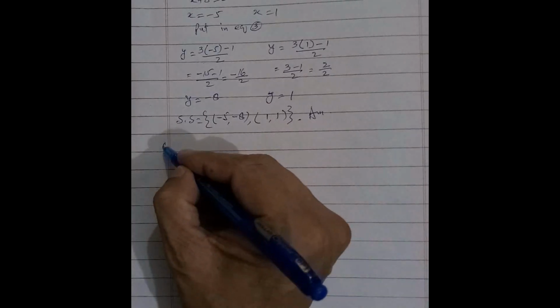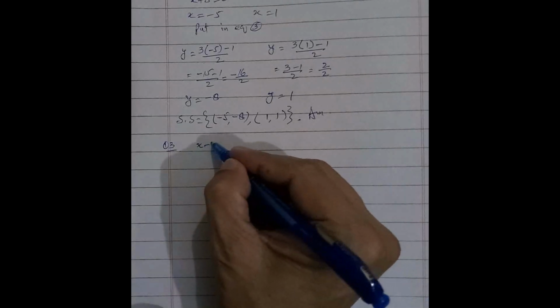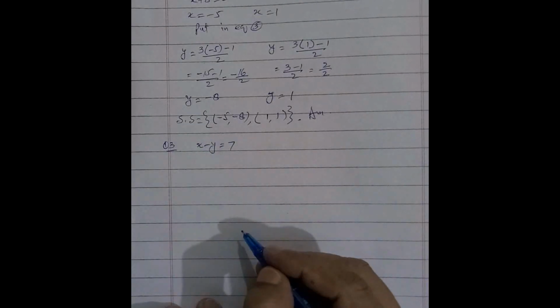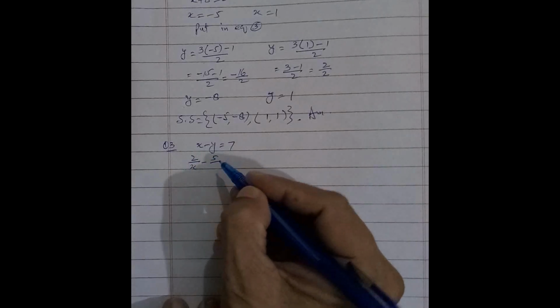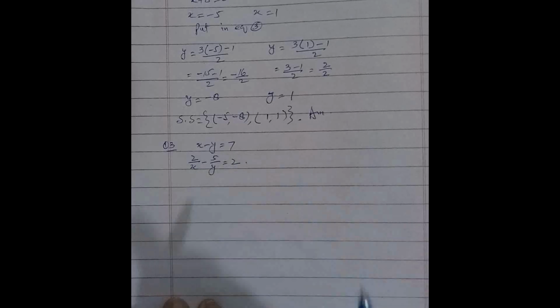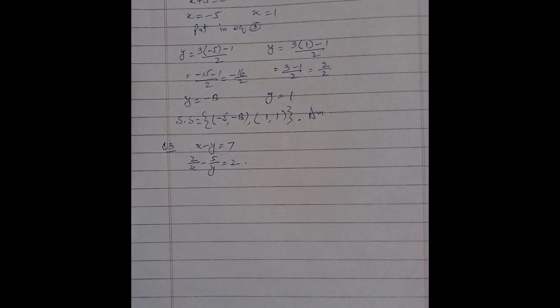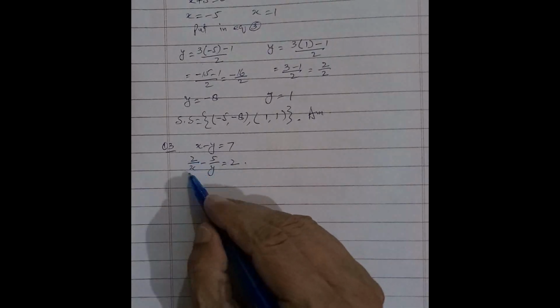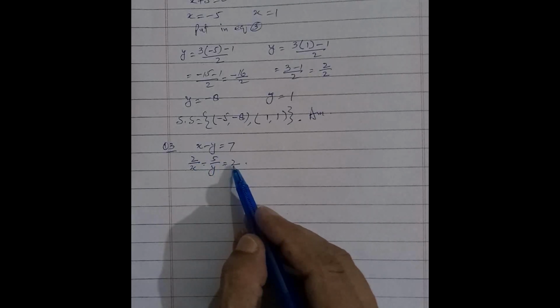Now we take question 3, in which x minus y is equal to 7 and the other is 2 over x minus 5 over y is equal to 2. So we solve the question in standard form, which is 2 over x minus 5 over y is equal to 2.